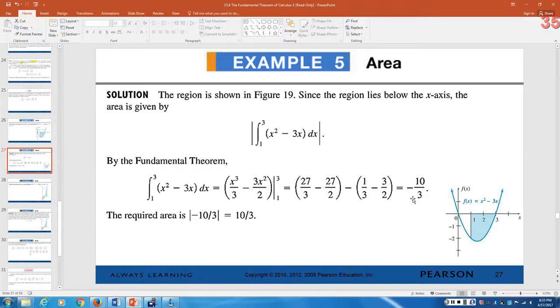The actual area, though, the actual blue area, is the absolute value of that. And that's what that other example was mentioning, is that sometimes you'll have to take the absolute value of what you get at the end, because it will interpret area under the x-axis as being a negative area. Okay? So remember, area is always positive, it's never negative.